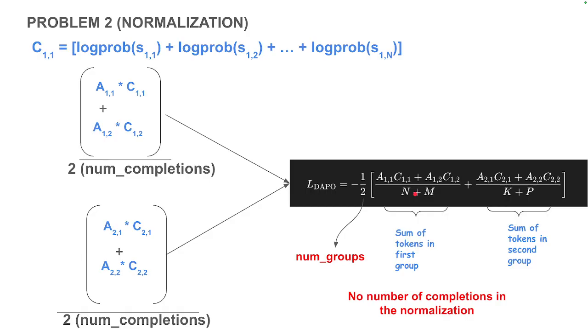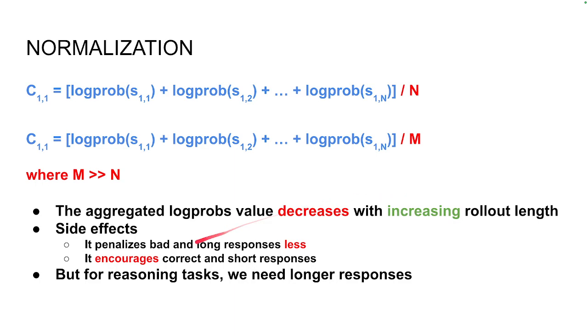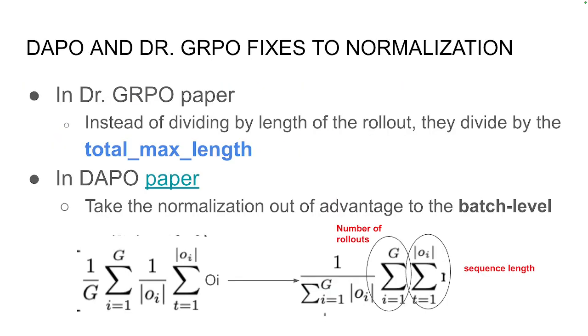So DAPO normalization helps with stability, and also we are taking the normalization to the batch level, and you don't have these problems that we discussed about penalizing bad and long responses less and encouraging correct and short responses. And in the paper they saw that after this change, the reasoning tokens started to increase.